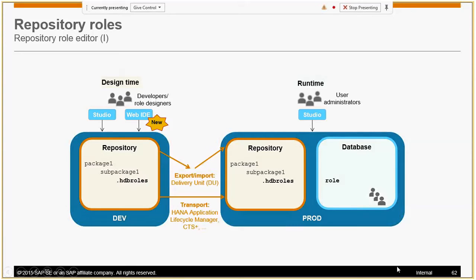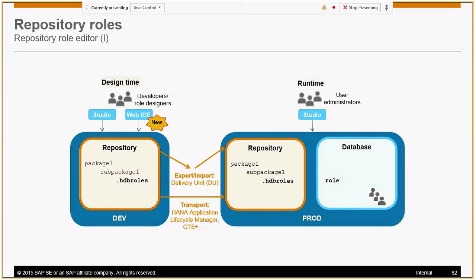The functionality is available in the application lifecycle manager, which is the central application from which you can manage all these things, including, for example, the delivery unit creation. In this application, there is a flag that you can activate. If you activate this flag, it's a little bit like in the ABAP environment, if you are familiar with that, when you set a specific client to record the changes.